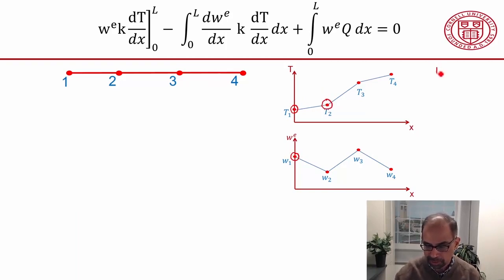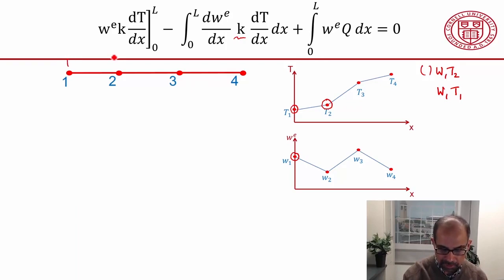Okay, so I'll get a term that involves W1 times T2 and W1 times T1. And you'll have some constant coefficients here, which you have to work out. It's going to depend on k, and it's going to depend on this element length. We won't worry about what that constant coefficient is.